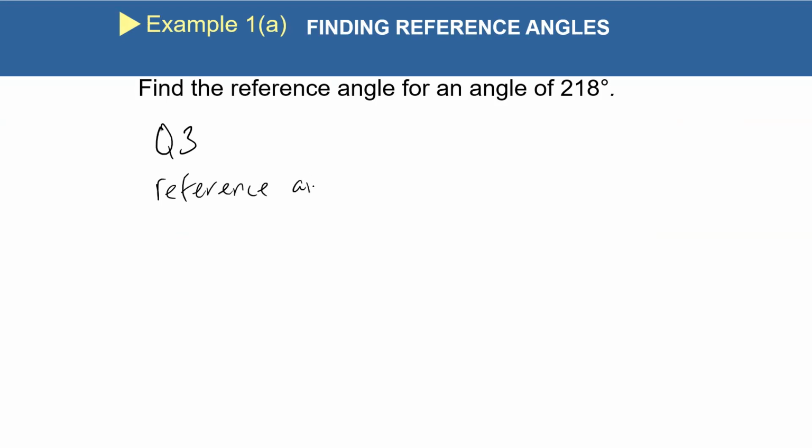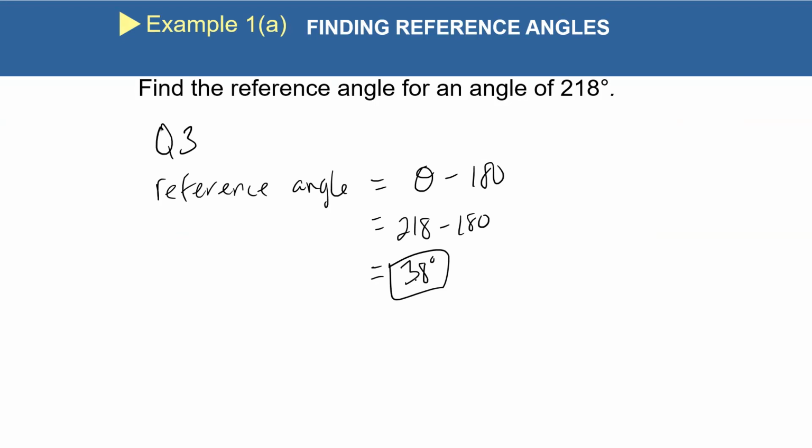That's when we do our theta minus 180, correct? What is our theta? So 218 minus 180. So our reference angle is going to equal, what's 218 minus 180? 38. That's our reference angle.